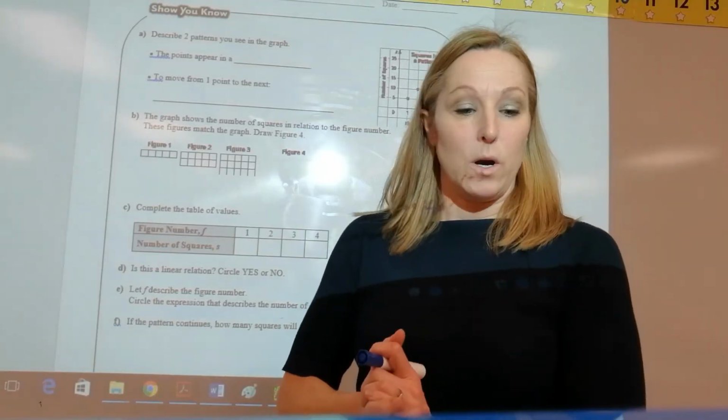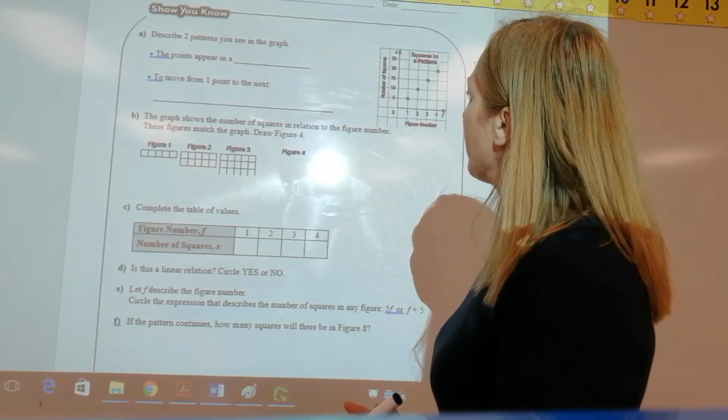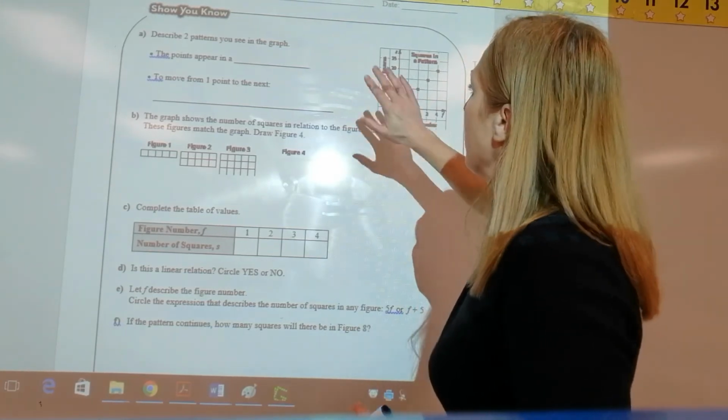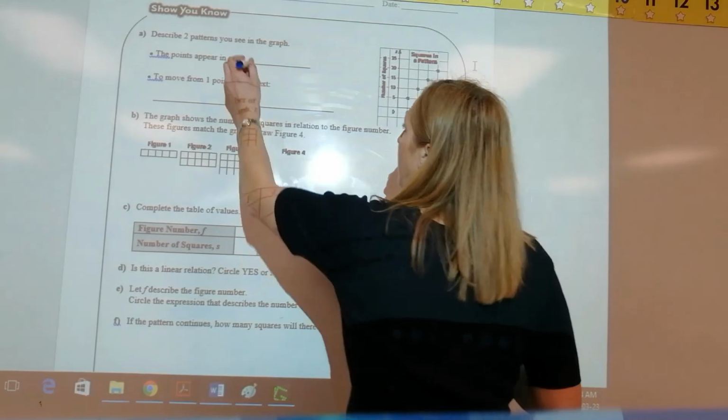Next example, we're going to look at 2 patterns that we see on this graph. The points appear in a straight line.